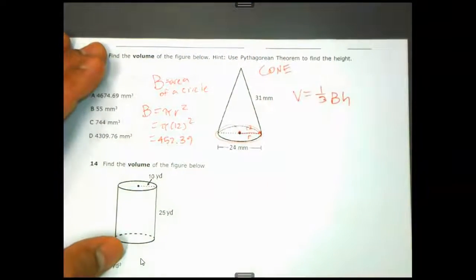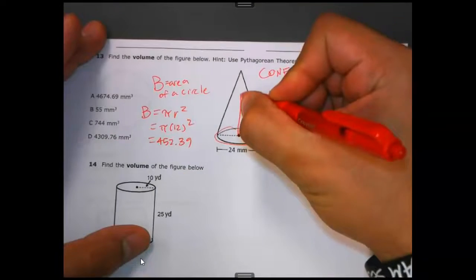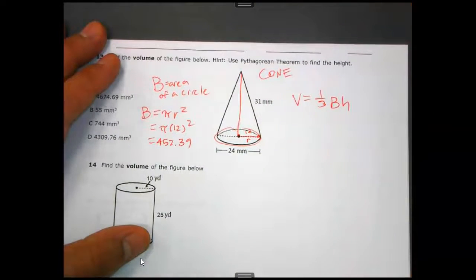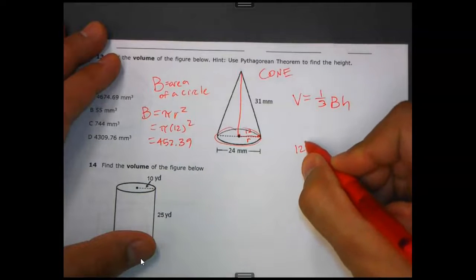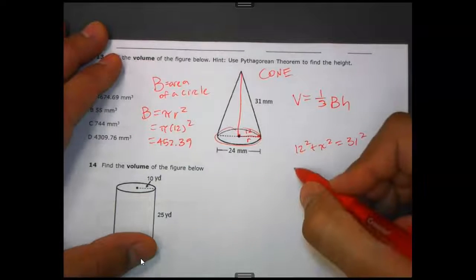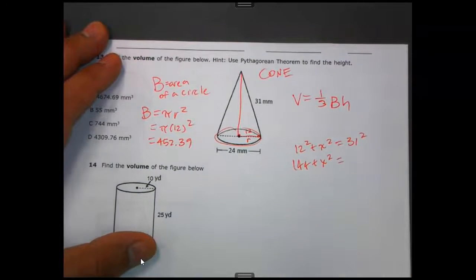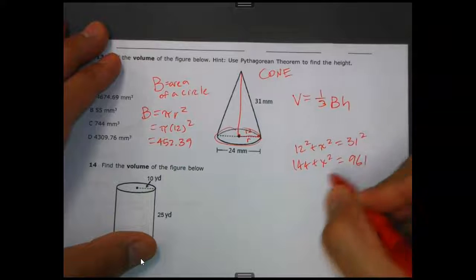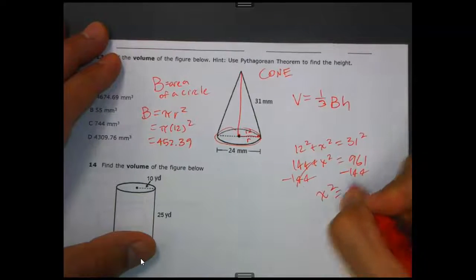And once again, to find the height, we're going to have to use the Pythagorean theorem. So we're going to do 12 squared plus x squared equals 31 squared. I'm running out of time, unfortunately.